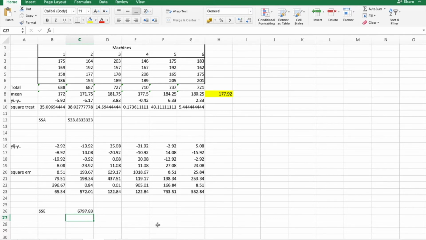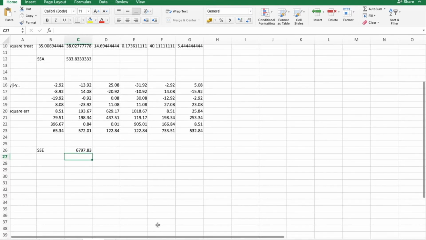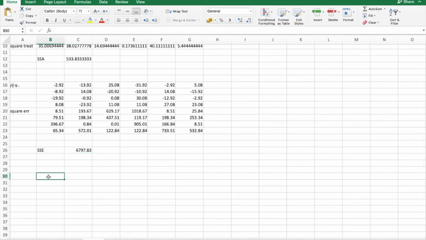Now using this we can generate the ANOVA table. The first column is source of variance. Second column is sum of squares. Third is degrees of freedom.